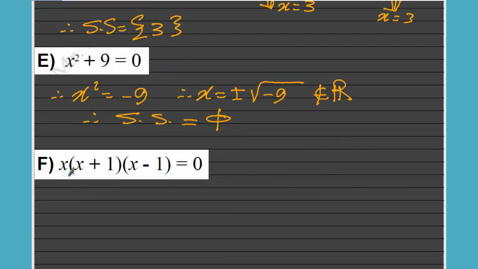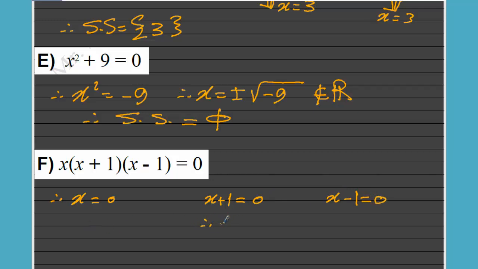Here we have x(x + 1)(x − 1) = 0. So put x = 0, or x + 1 = 0, or x − 1 = 0.